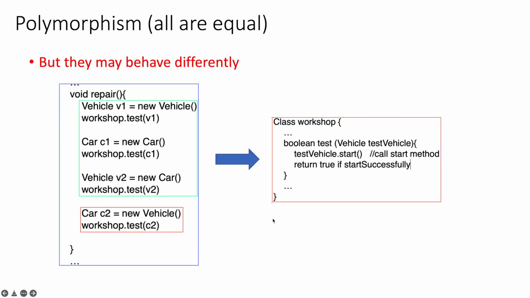If you have not understood polymorphism through this, I recommend you go back and watch these slides again, because this is the most important part of object-oriented programming. Please do not skip if you have not understood it. Go back and watch it again.